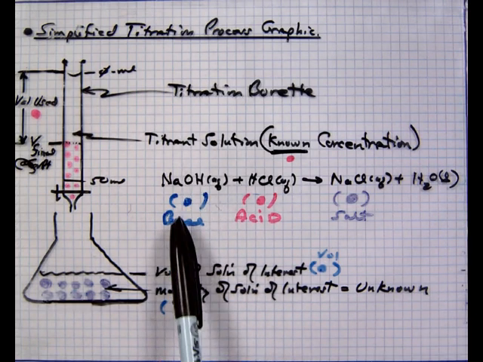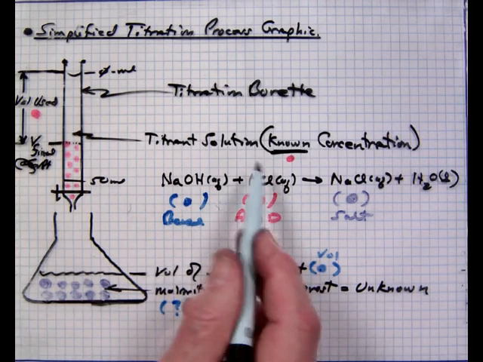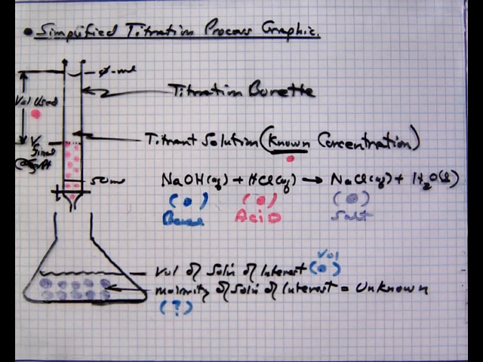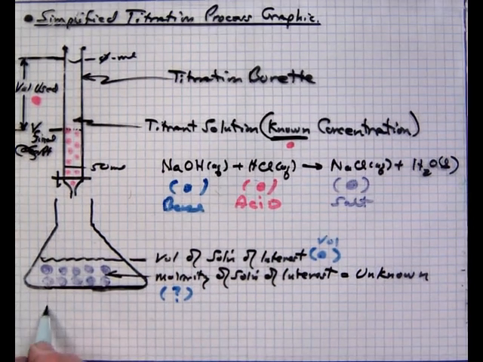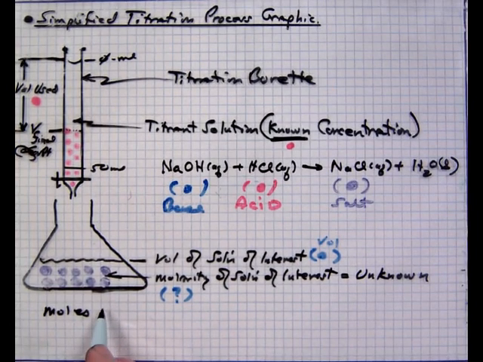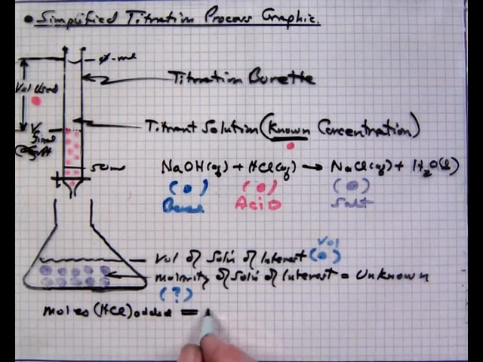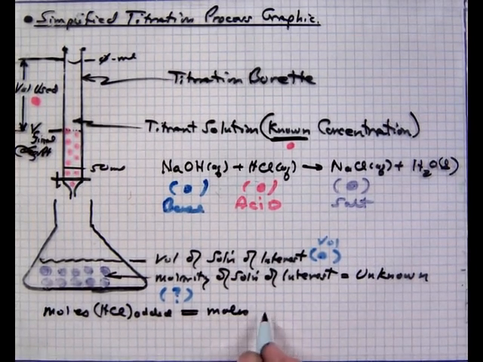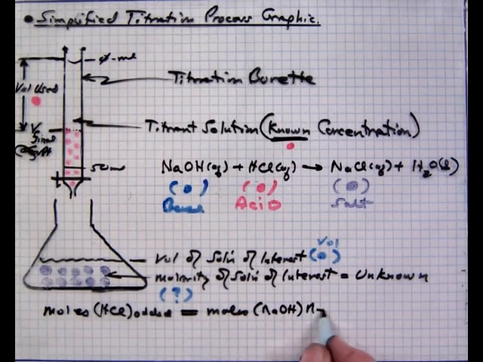For every 1 sodium hydroxide we'll neutralize 1 of the acids and convert it into salt. So the moles of acid added equals moles of base neutralized.